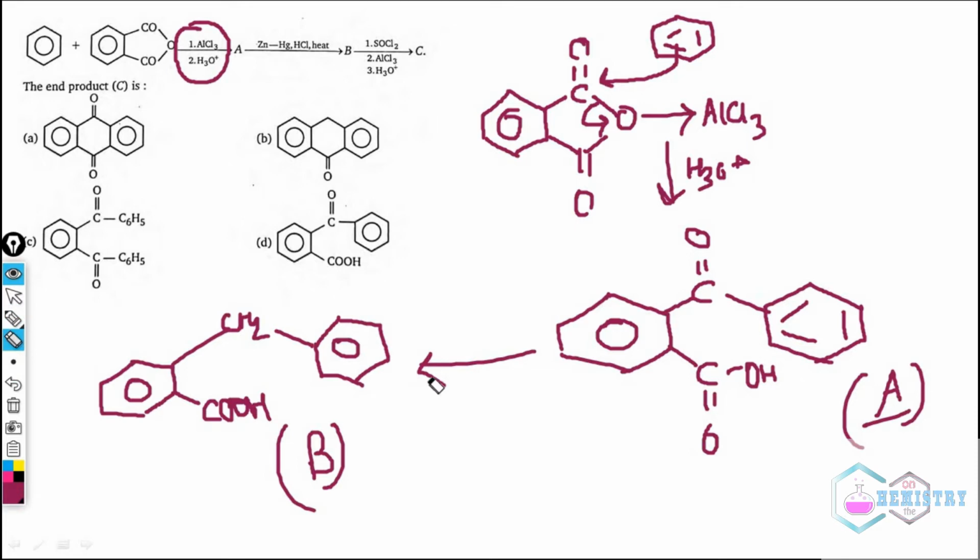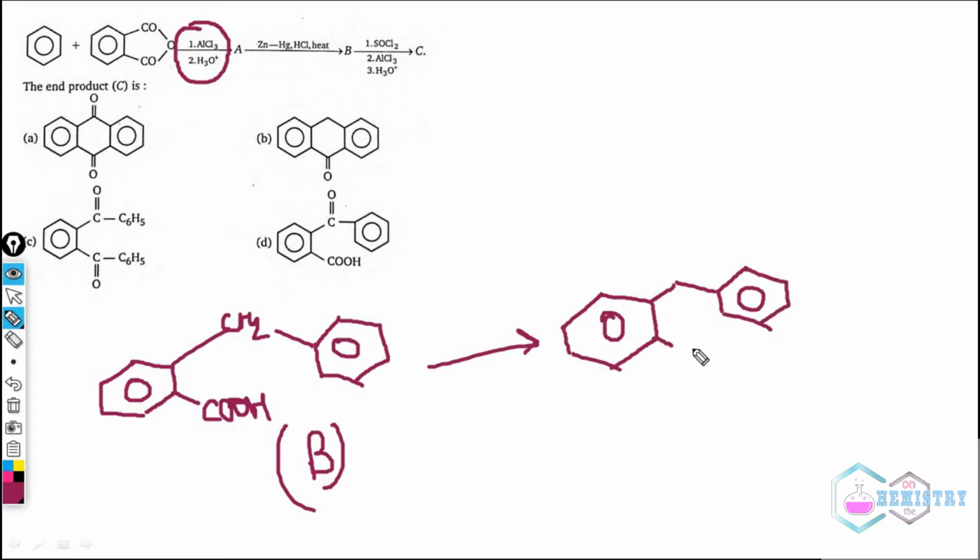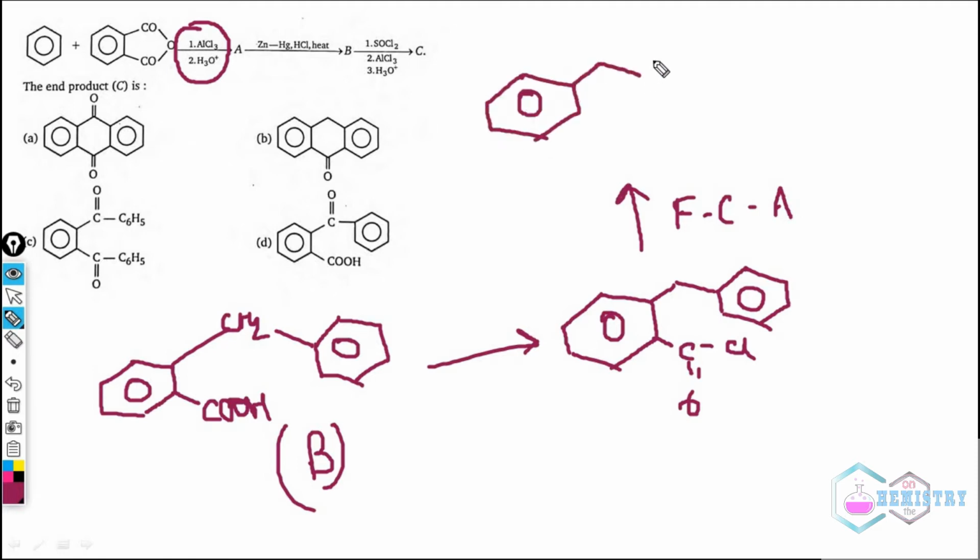Now, and again this SOCl2 turns that COOH group into a COCl group. And COCl in the presence of AlCl3 will undergo another Friedel-Crafts acylation to give a compound like this.